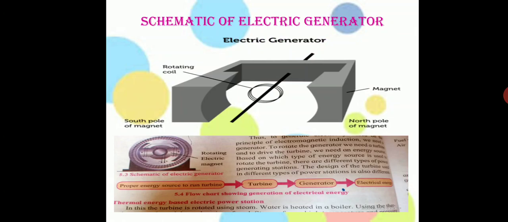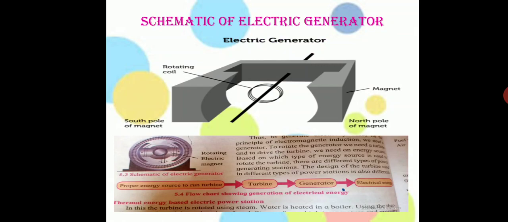Now this is the schematic of the electric generator. As here you can see that to generate electricity based on the principle of electromagnetic induction, we need a generator. To rotate the generator, we need a turbine, and to drive the turbine, we need an energy source. Based on which type of energy source is used to rotate the turbine, there are different types of power generating stations.